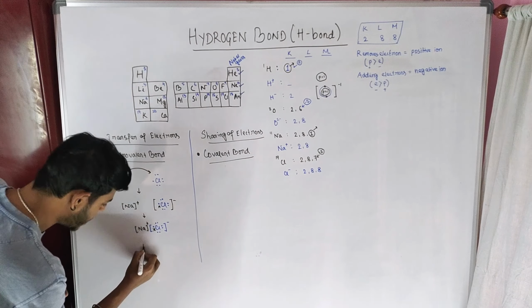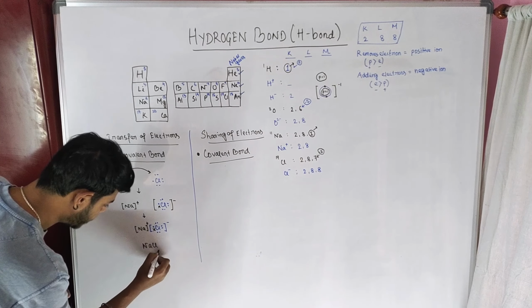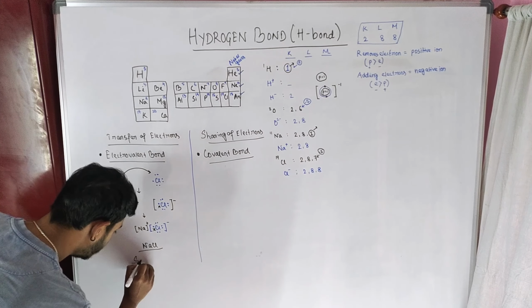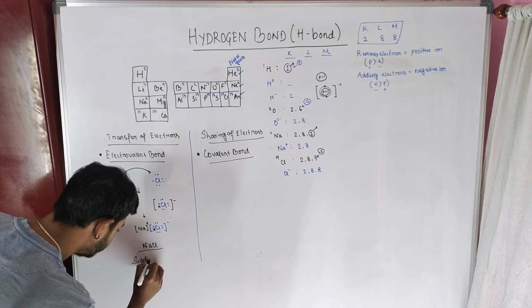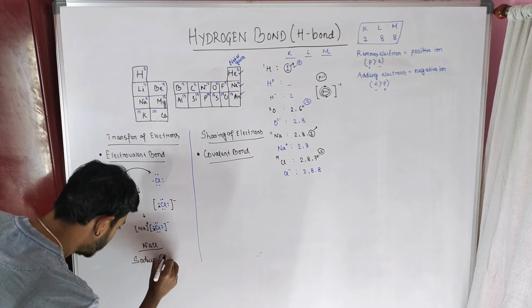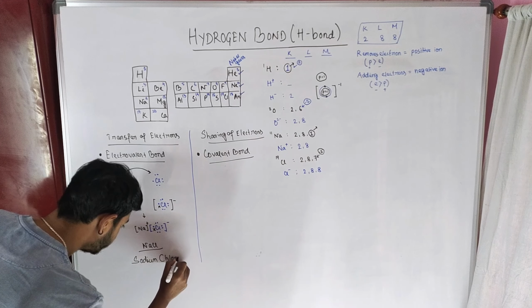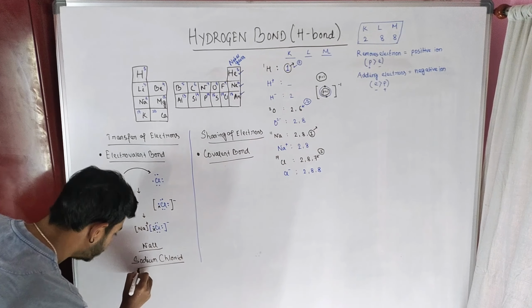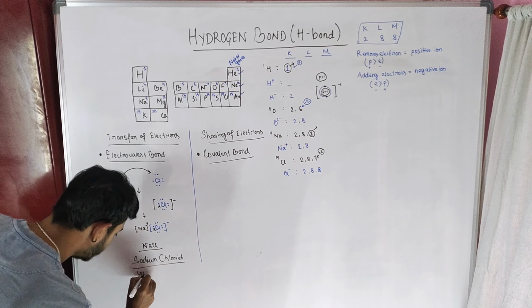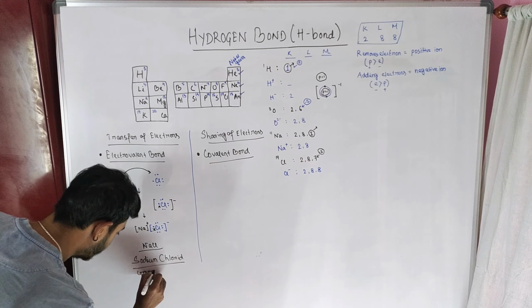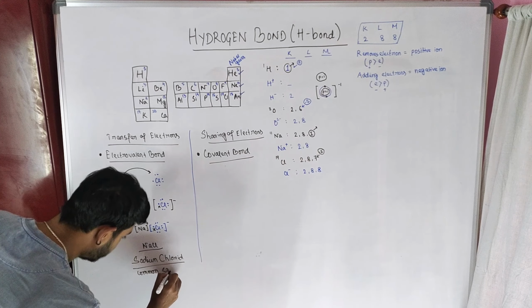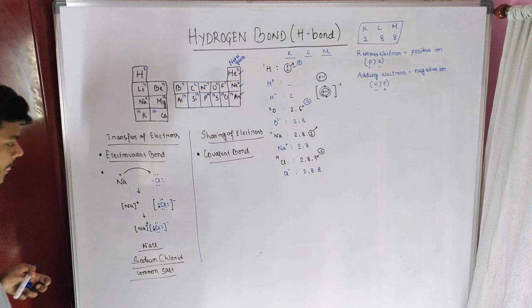Here the compound is NaCl or sodium chloride, or common salt, the salt we eat, table salt.